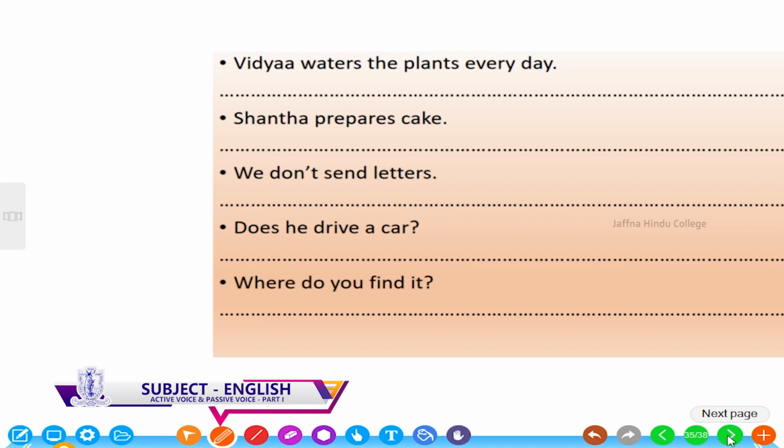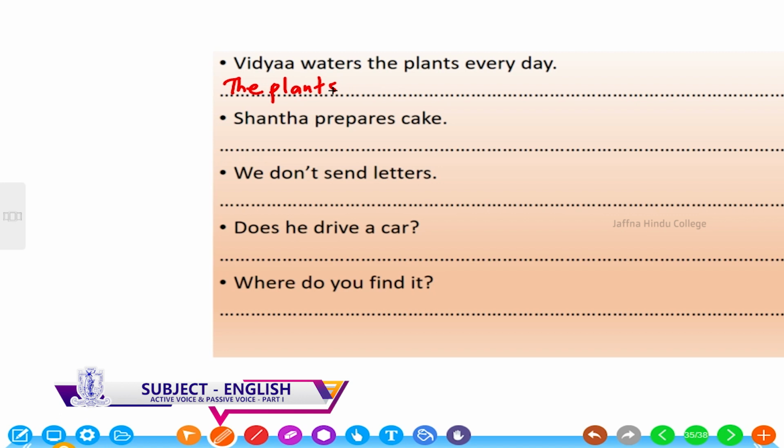Vidya waters the plants every day. Who? Vidya. So, the subject is Vidya. What does she do? Waters. What does she water? The answer is the plants. So, the object is the plants. Plural and at the same time simple present tense.